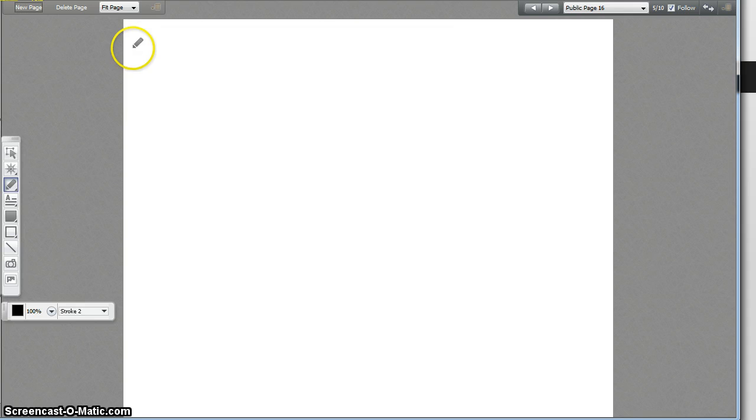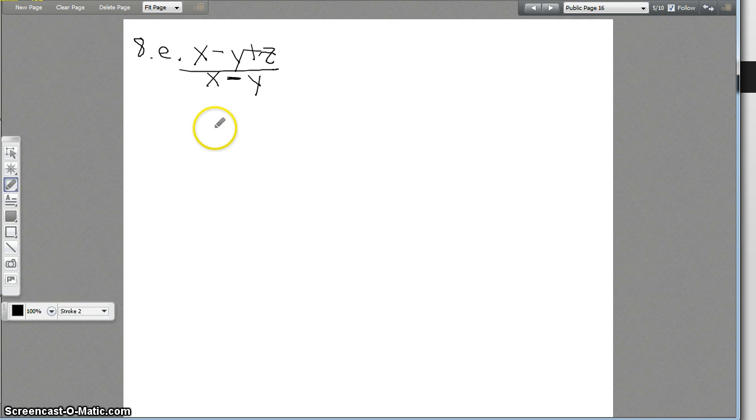Okay, we're going to do 2 more parts from number 8. Let's look at part E. Part E says write (x - y + z)/(x - y) as the sum of an integer and a fraction. Okay, so we need to look and see where we see an x - y in our numerator. Well, we can see that right here. So that's where we ought to break it up.